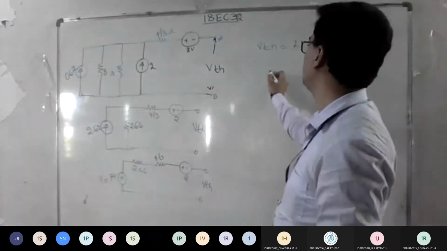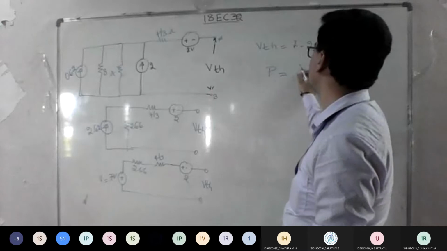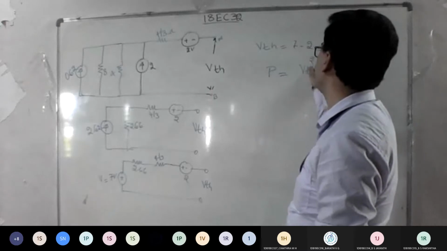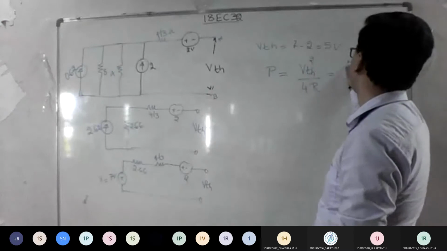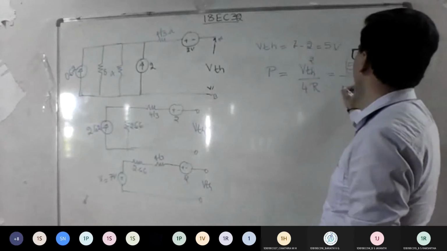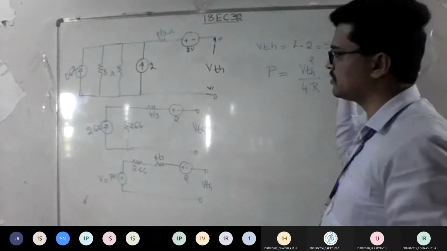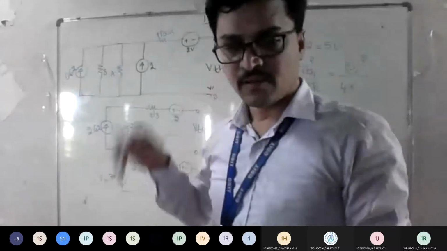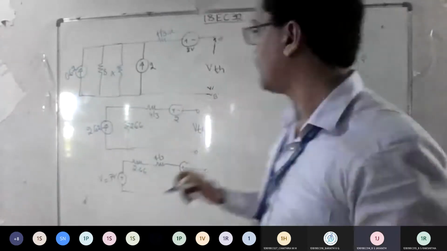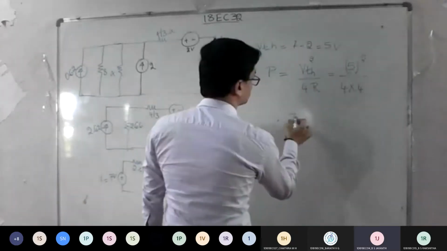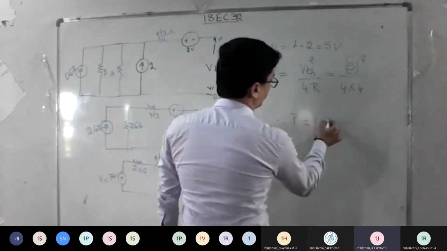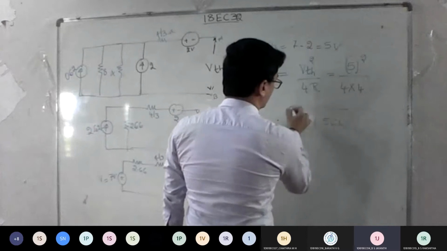So check out the power now. P is equal to VTH squared by 4R. So it's 5 squared divided by 4 into, how much R did you get? Is it 4? Yes, sir, 4. Okay. What is the answer here? Power? 1.5625, sir. 1.56 watts.